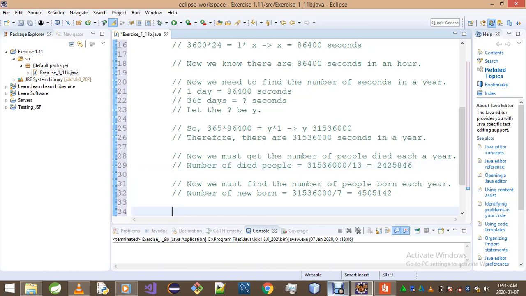Okay, so lastly we find the number of immigrants for each year.